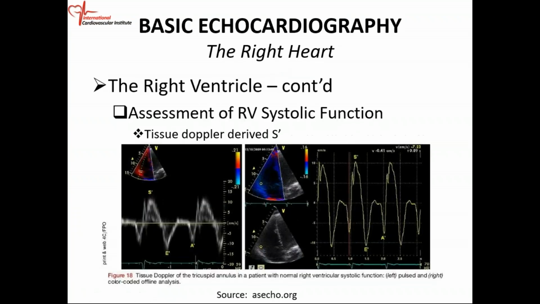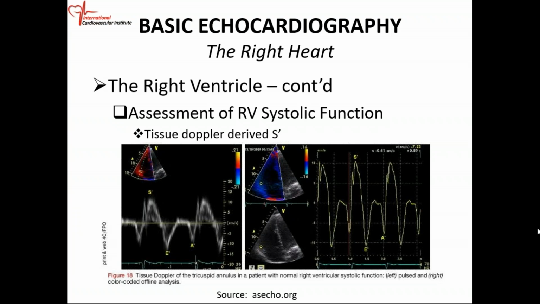All right. So we want to stop at the RV systolic function, and on Saturday we'll pick up. All labs should be doing these assessments, especially if you do your TAPSE and your TAPSE is borderline.